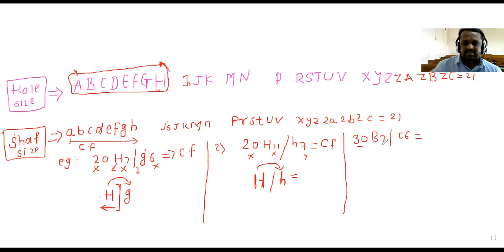The 30 is not required, 7 is not required, 6 is not required. So directly I will write down here B slash C. Then identify the fit here.